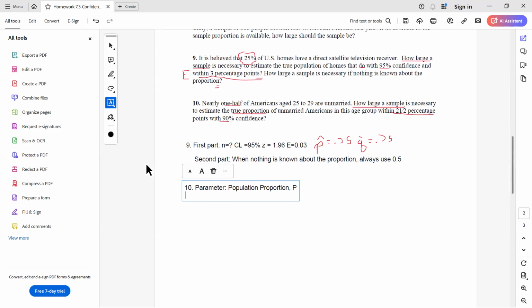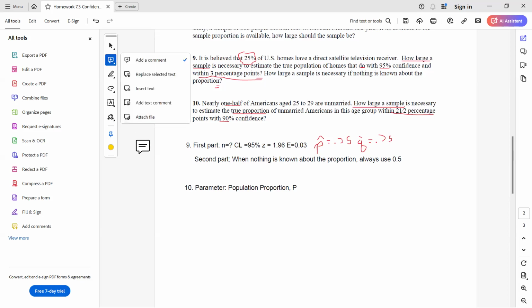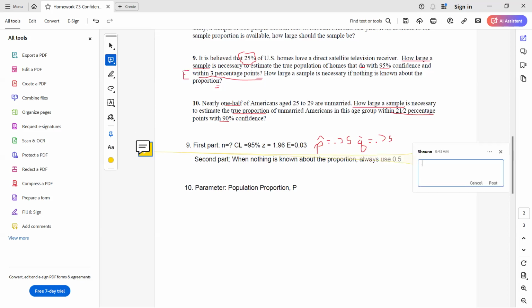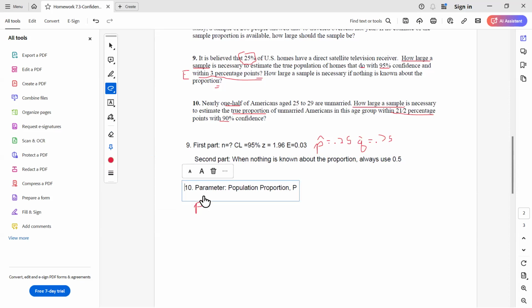Nearly one half, it says. So I'm going to draw here. Okay, so my P hat here is nearly one half.